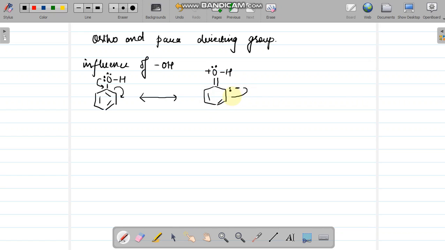In the second step, it is going to attack over here. Two double bonds cannot exist together, so it will come over here. These electrons are going to move over here. Now, what is going to happen in this case? It has come over here. Your electrons have moved over here. Now, these are going to attack over here.